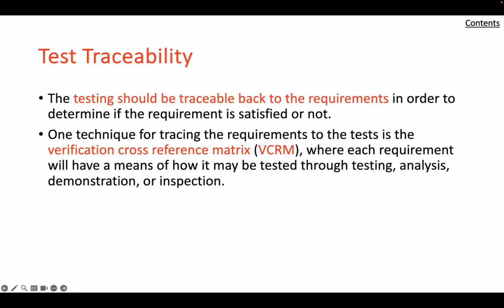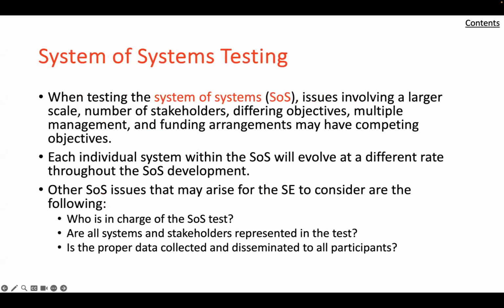Okay, well, moving on to the final topic here, which is system of systems testing. Sometimes your system is not the only thing, but it's going to fit into something even larger. So system of systems are different from a single system approach towards test and evaluation. The scale, number of stakeholders, objectives, management, funding, and users are diverse and may have competing objectives.